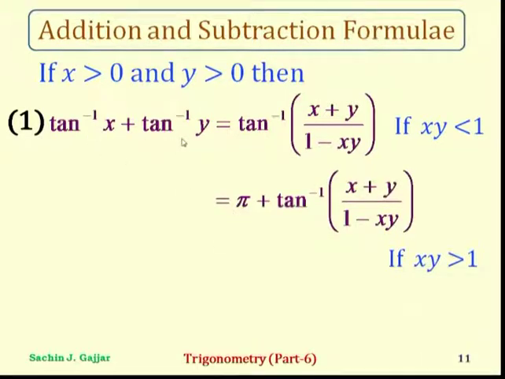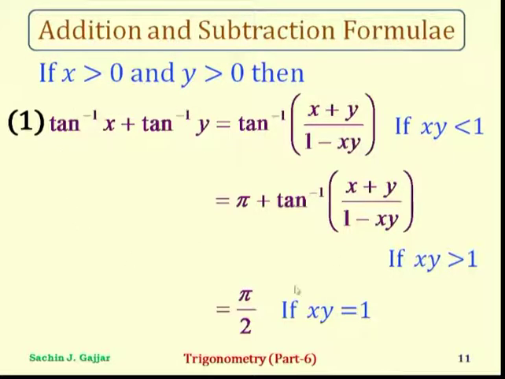Then tan inverse x plus tan inverse y equal to pi plus tan inverse x plus y upon 1 minus xy. See, if xy greater than 1, this condition is compulsory. X and y both are positive and x into y is greater than 1. And if x into y is equal to 1, then tan inverse x plus tan inverse y equal to pi by 2.